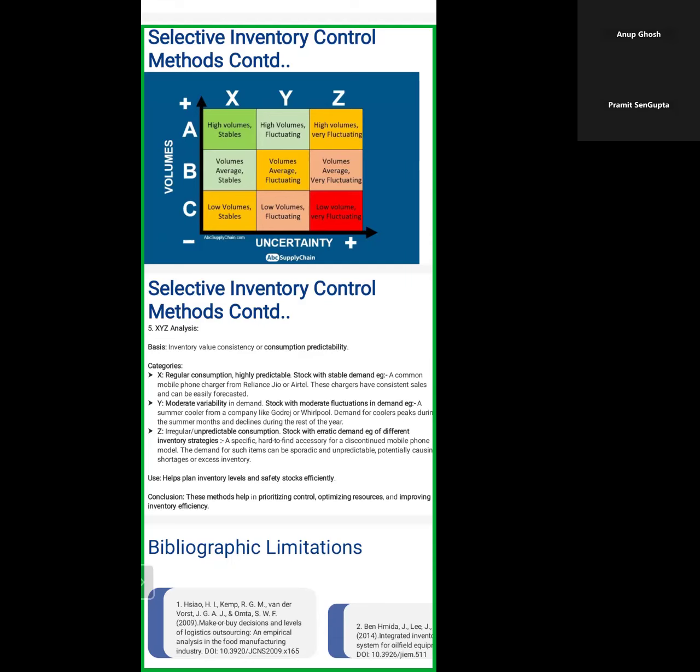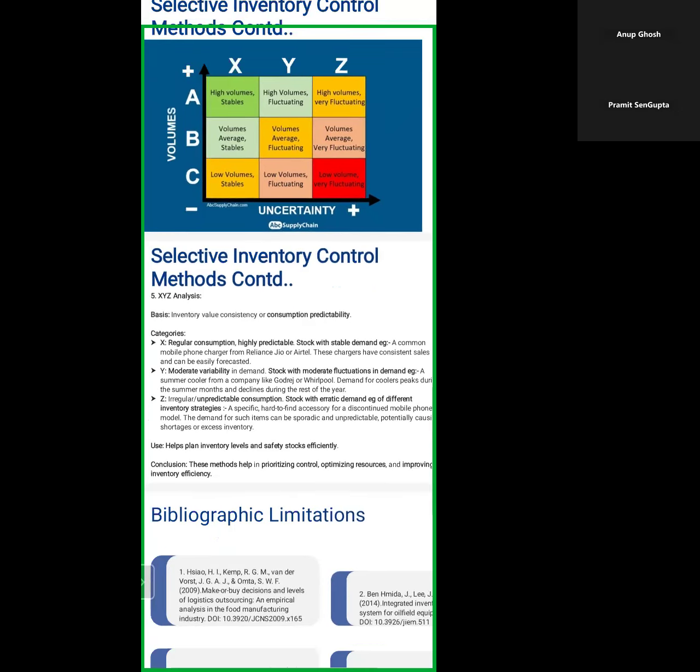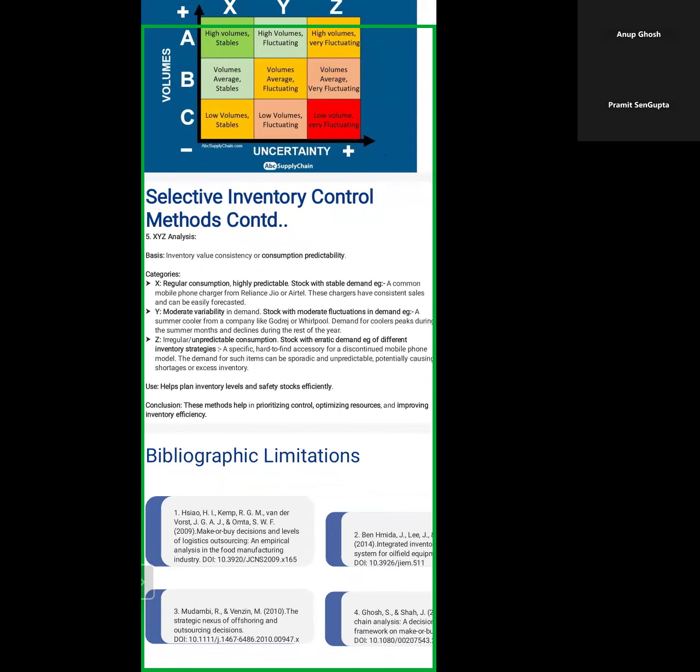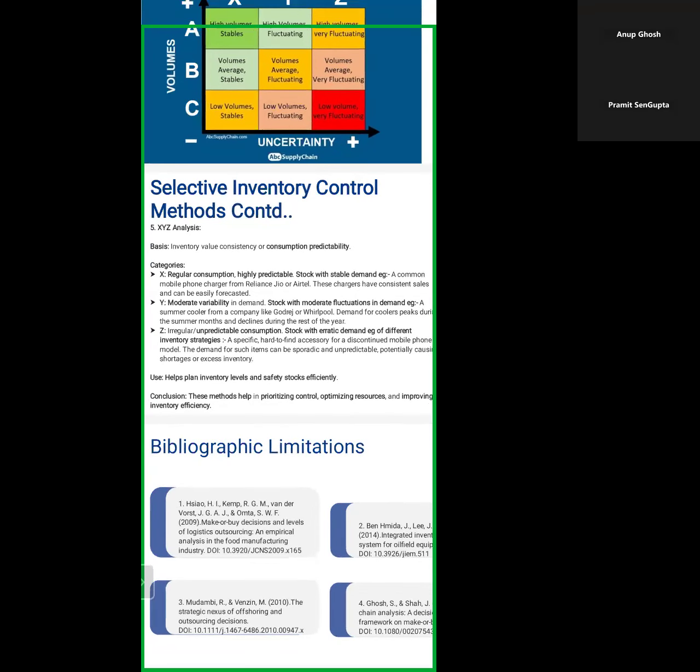So these are the methods through which selective stock control can be done through our parent topic, which we were discussing, that is whether we should make or buy, a stock control method or a manufacturing process for cost of production. Here, the priorities as we see are control, that is cost control, optimization of resources, and improvement in efficiency.